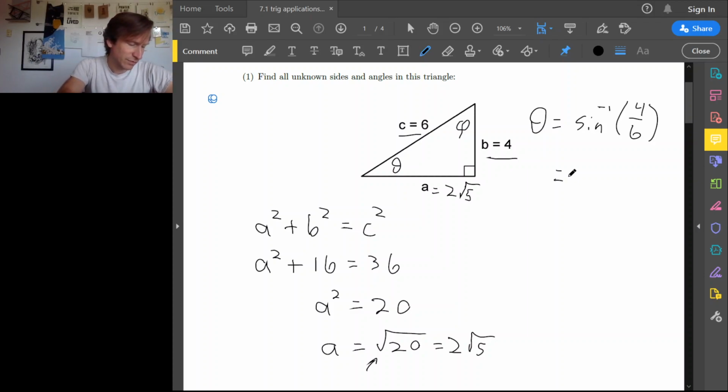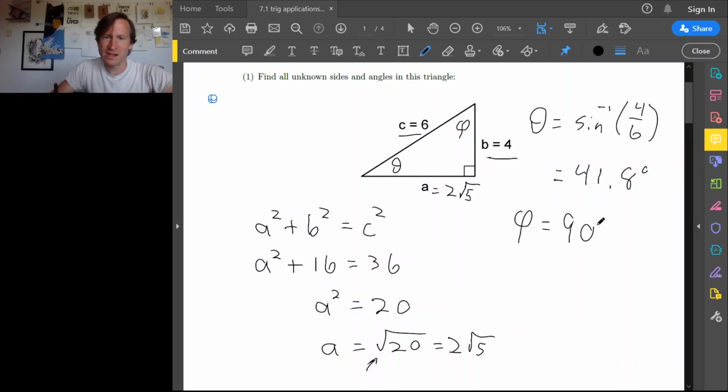Inverse sine of 2/3, I get 41.8 degrees, approximately.